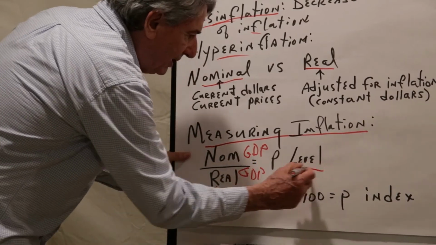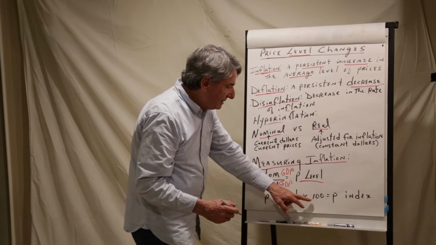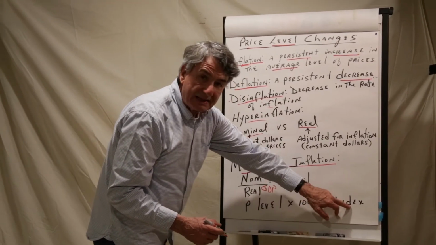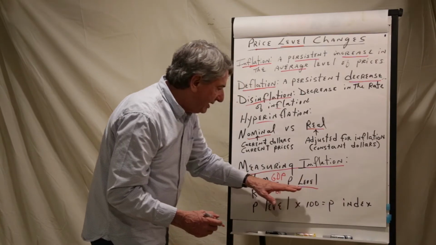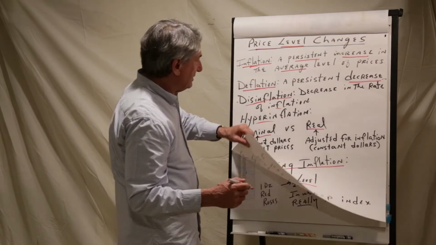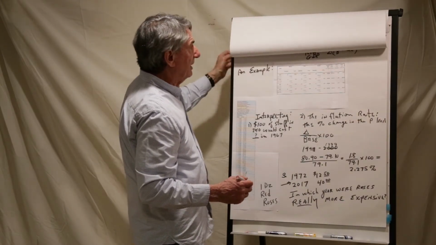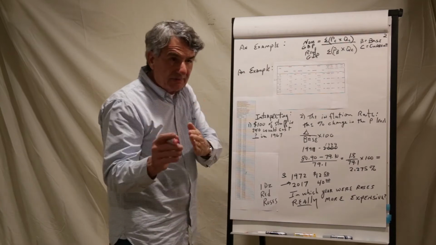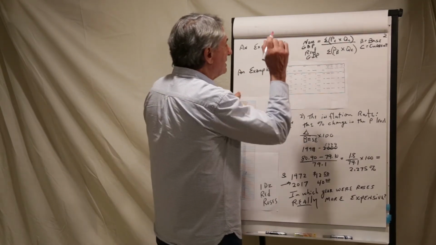And when you do that, you end up with the price level. And the price level times 100 is the price index. So it's like the percent equivalent of a decimal. It's like making a percent. You take the raw decimal and you multiply it by 100. So that's the difference between the price level and price index. All right, here's an example.